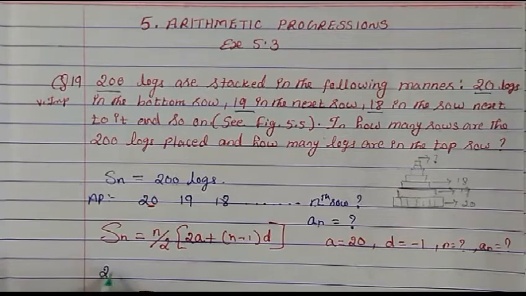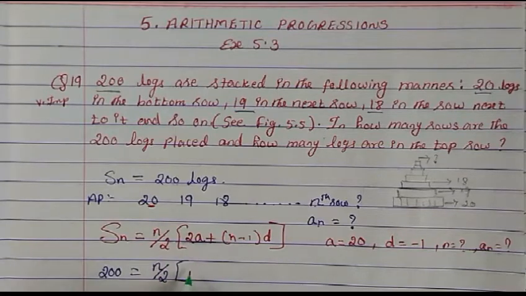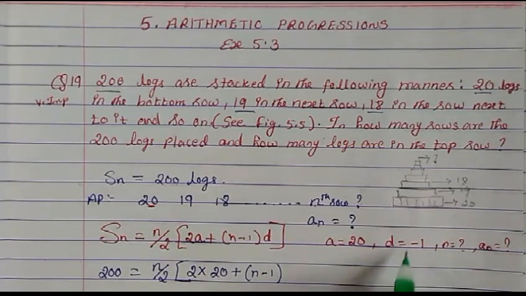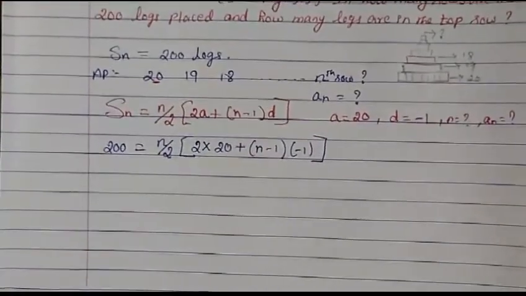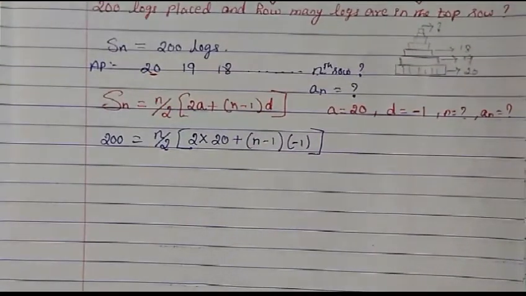Sn is given to us as 200. N we don't know, keep it as it is. Then 2 into the A value we know, that is 20, plus N, which we keep as it is, into D, which we know, that is minus 1. From here we'll find the nth value, or the number of rows. Let's find out.